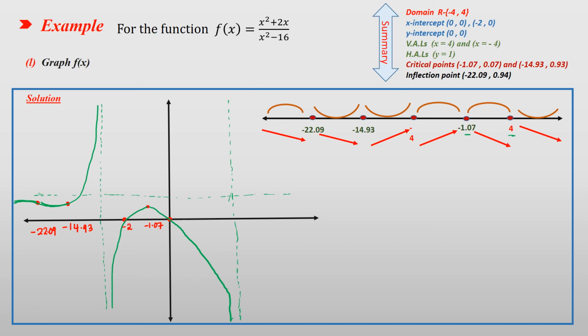Like this. After that, the last region from 4 to infinity is concave up and decreasing. So this is the graph of our function.